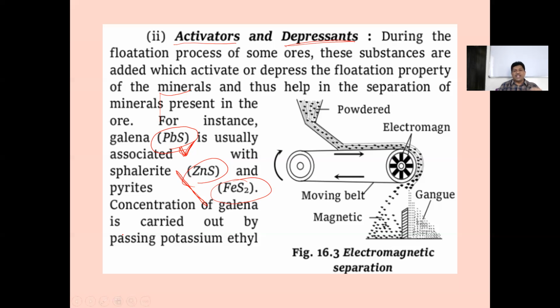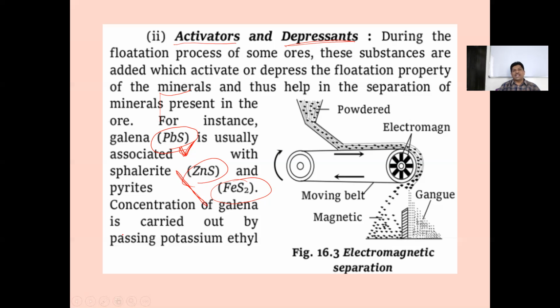Now, to separate the ZnS and FeS2 mixture, we add some activator for ZnS. That activator will make the ZnS particles attach to the froth bubbles. Along with the froth, ZnS will come to the surface, and hence ZnS will be separated. Now at the bottom, what will be left over?